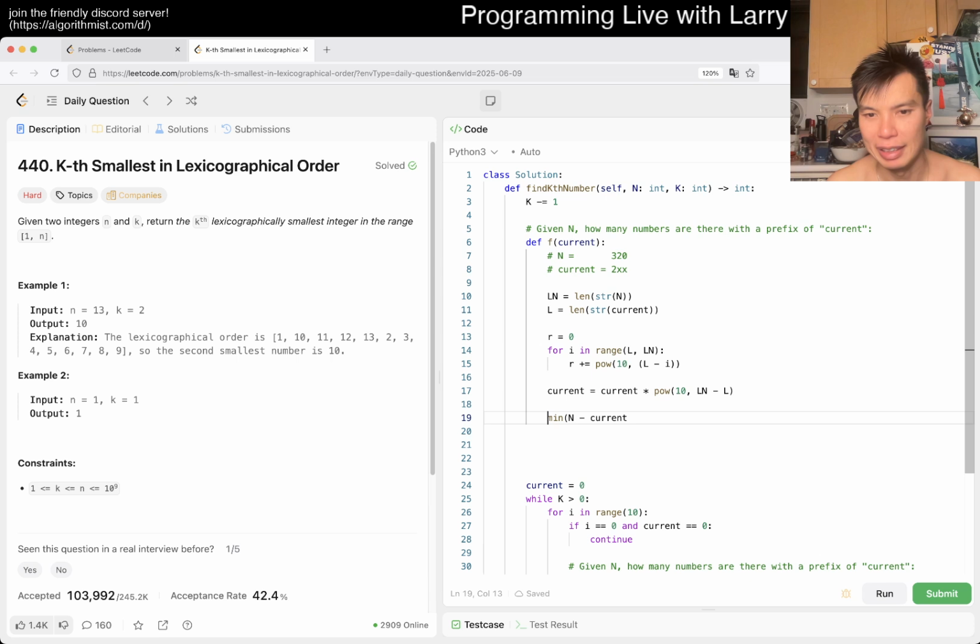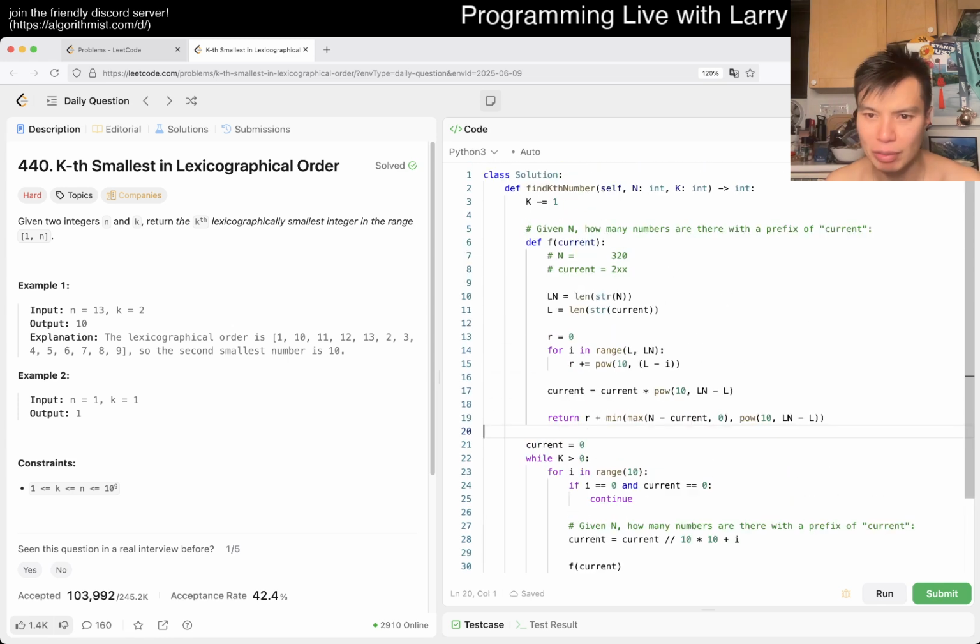So this has to be at least 0, of course, and the most it can be is also something like this, because it is at most 100, for example in this case. So we can say it's this plus R, right? So maybe return this.